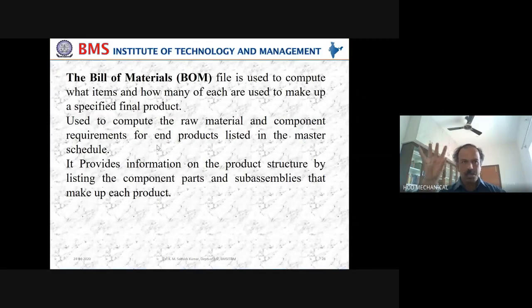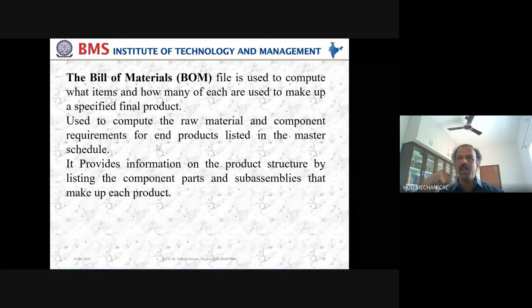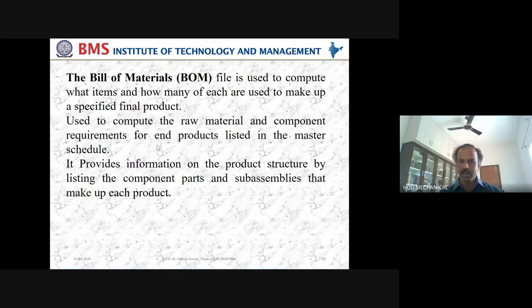So the final product is going to be one. In order to get that final product, remember that it will not be available as it is. You need to make up that final product through the production of some different subcomponents. The list of all those is what is called the bill of materials.